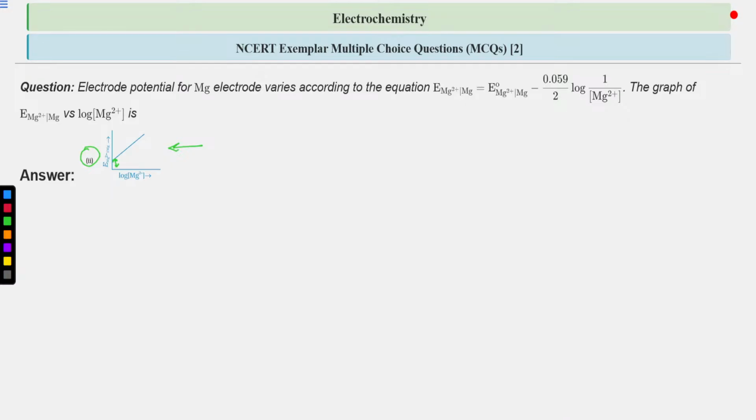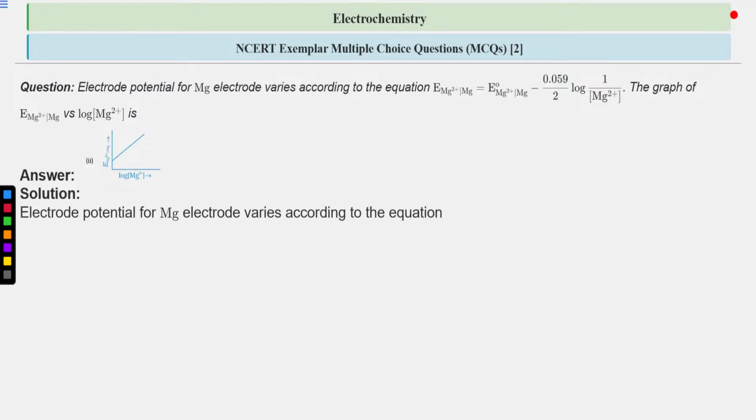Now let's explain how we conclude this graph as the answer to this question. The electrode potential for the magnesium electrode will vary according to the Nernst equation, which is already given in the question: E equals E naught minus 0.059 by 2 log 1 upon magnesium 2 positive.